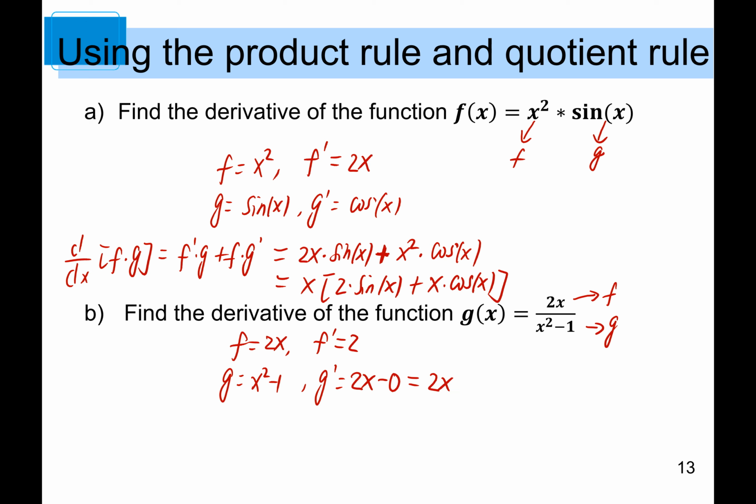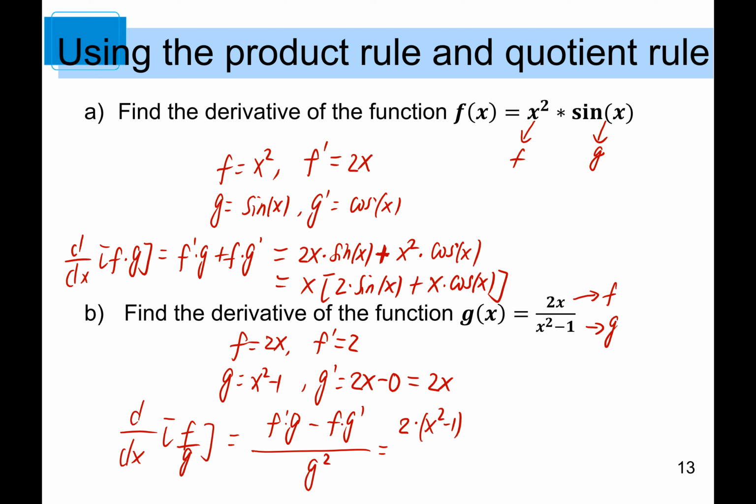Now we just apply the quotient rule. It's f prime times g minus f times g prime, over g squared. f prime is 2 times g, which is x squared minus 1, minus 2x times g prime, which is 2x, over g squared, which is x squared minus 1 squared.